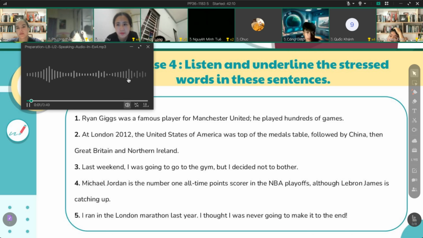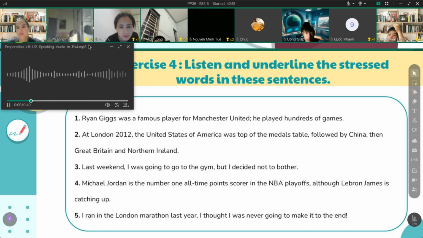One. Ryan Giggs was a famous player for Manchester United. He played hundreds of games. 2. At London 2012, the United States was top of the medals table, followed by China, then Great Britain, and Northern Ireland. 3.